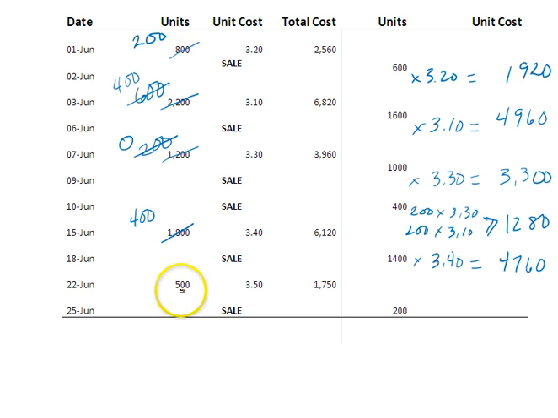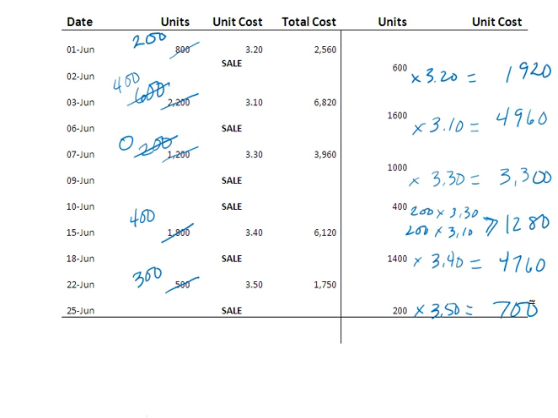Okay. June 22nd, no decision. June 25th, we sold 200. So we sold 200 from there, leaving 300, and that's 700. Okay, so now this problem asked us what was our ending inventory and cost of goods sold under Perpetual LIFO.